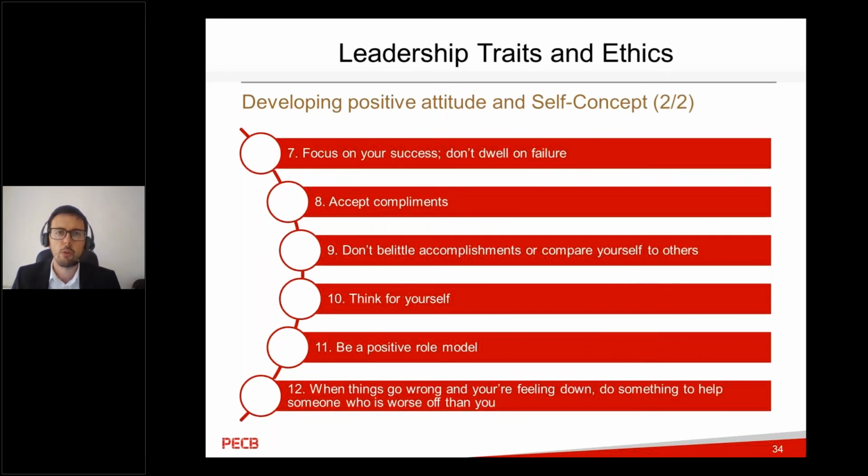Then we have focusing on your success and not dwelling on failure. By focusing on success, we tend to improve our confidence in our own abilities, but that does not mean that we should forget failure. Failure is a great teacher, and the experience that we get from failure can be used to build further success.